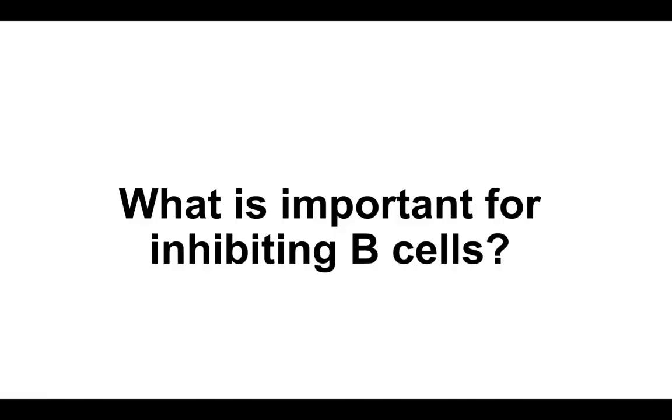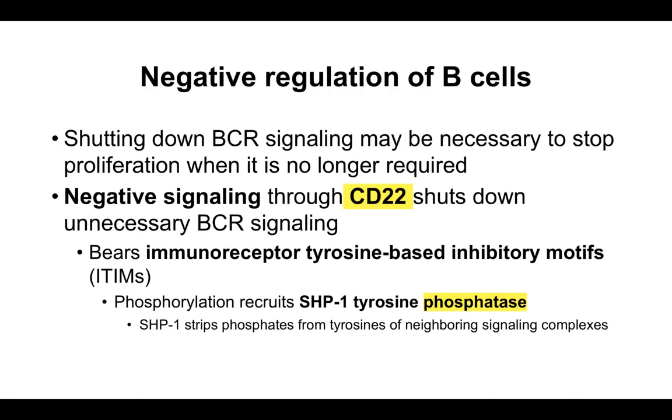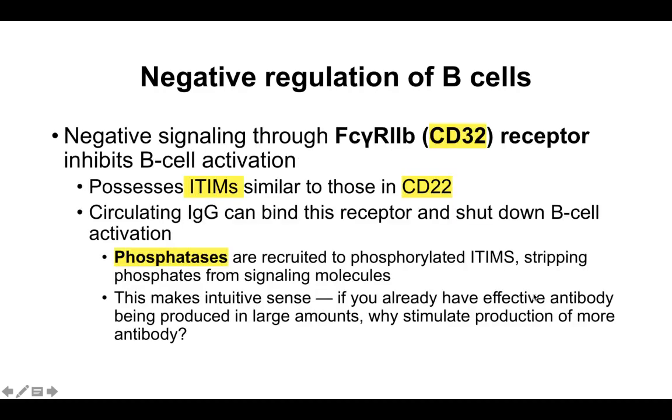What is important for inhibiting B cells? So to downregulate B cells, negative signaling occurs through CD22, which results in this phosphatase, the SHP1 tyrosine phosphatase.